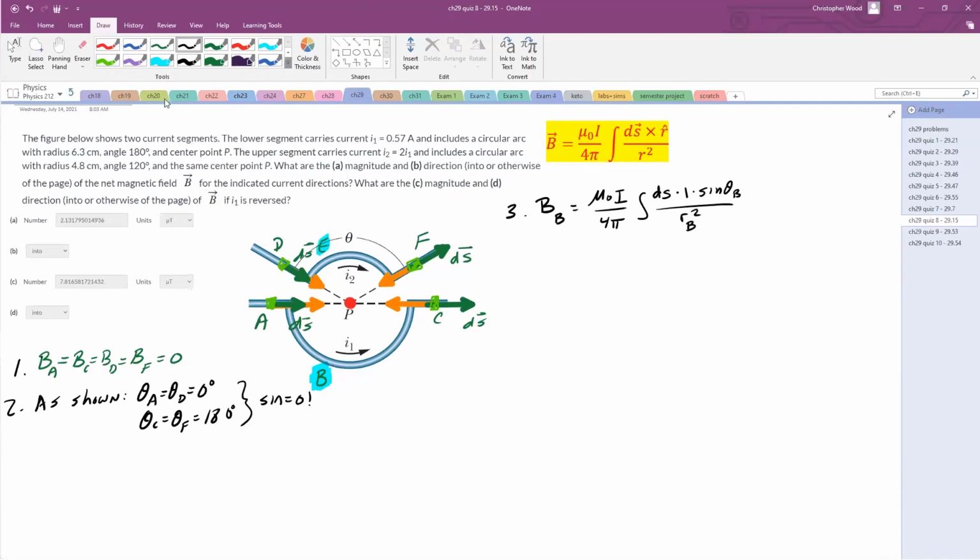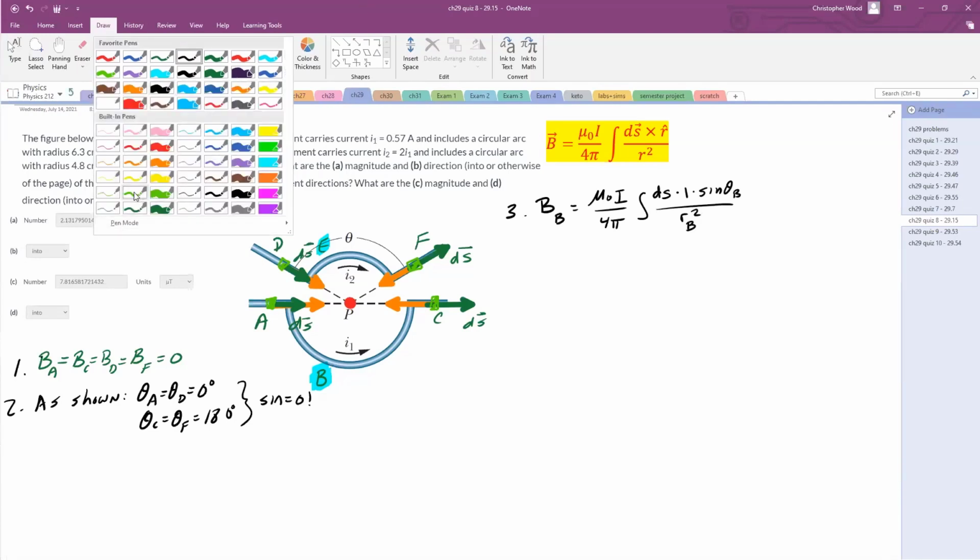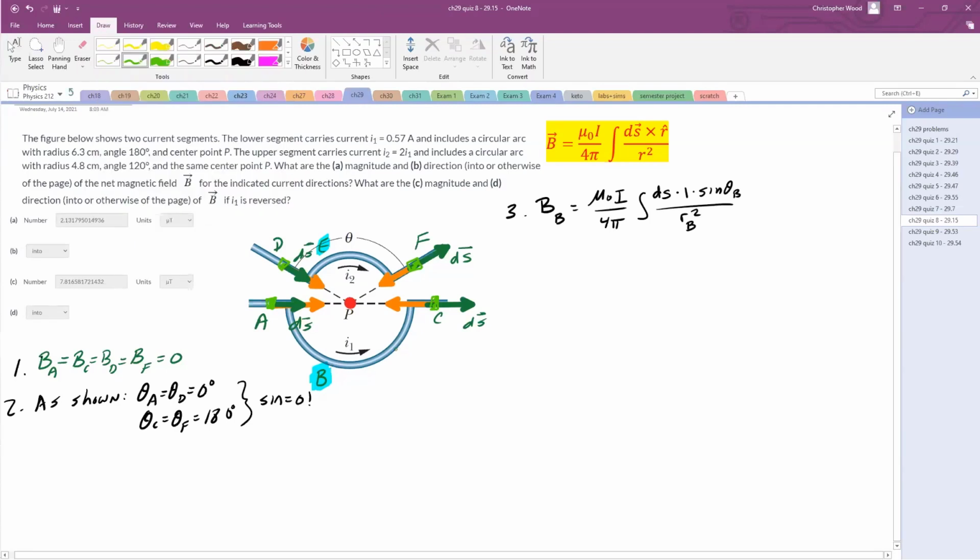So let's draw the representative element for segment B. I'll just choose this one. Here's a little teeny tiny element. The size is ds, differentially small, infinitesimally small. The ds vector is in this direction, tangent.